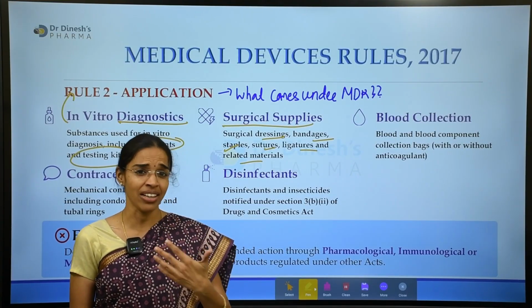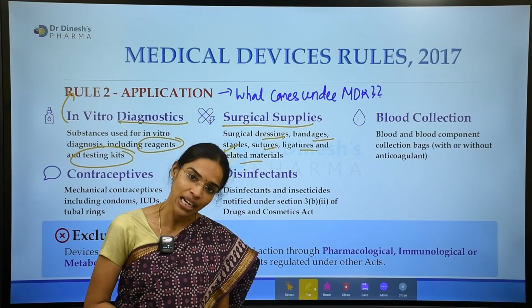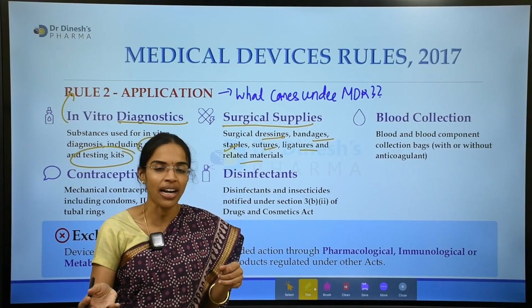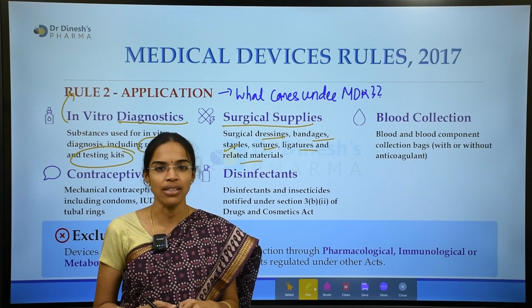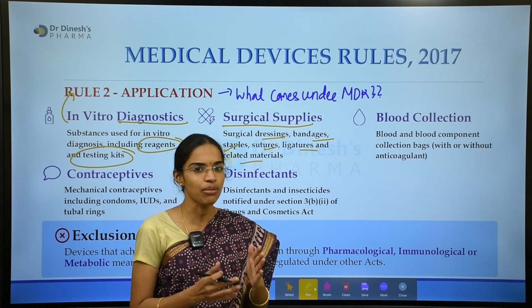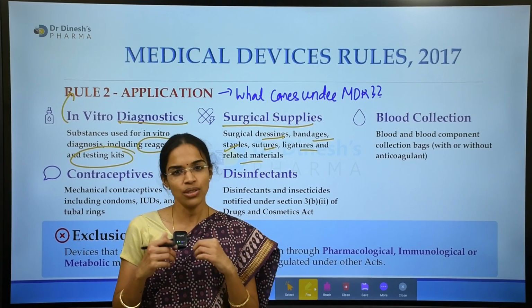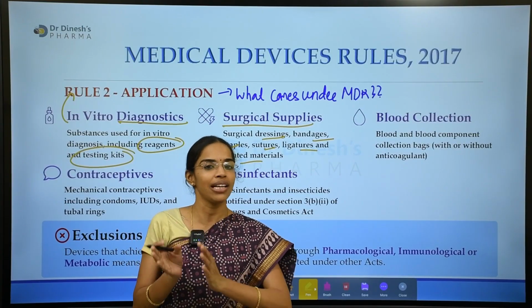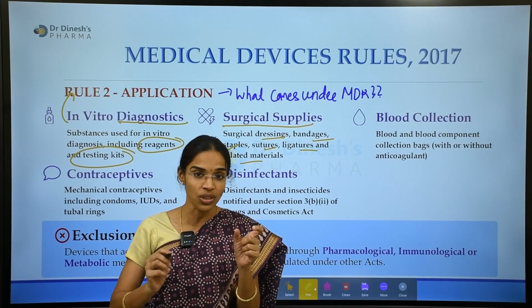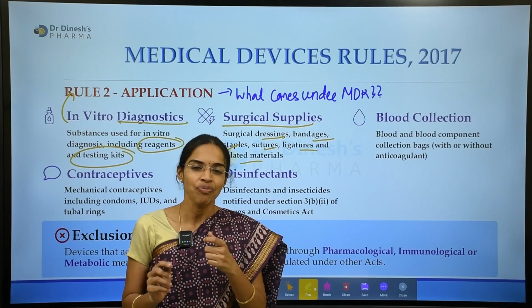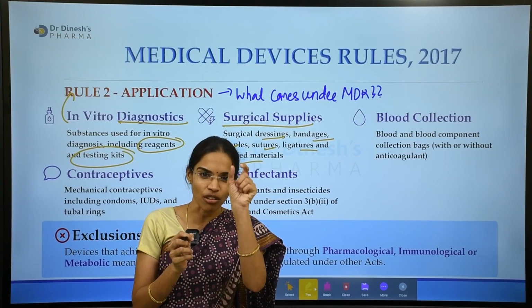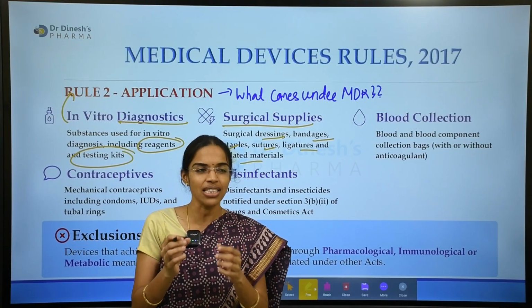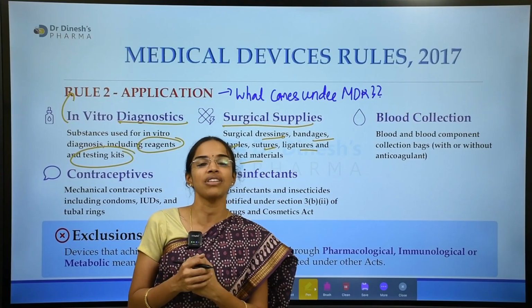There are several types of surgical dressings and bandages. Also staples. Staples are similar to sutures, but they are not sutures. A staple device is similar to a stapler.